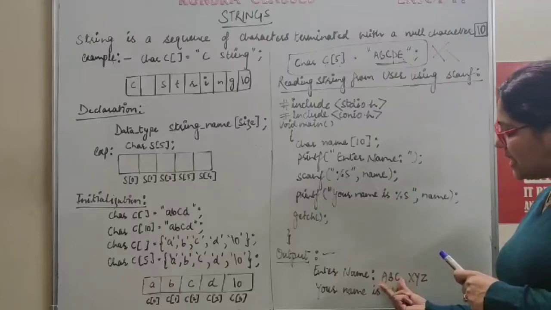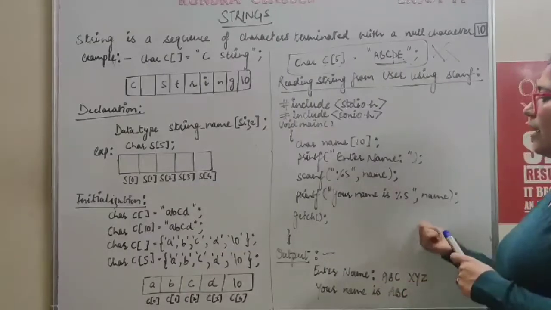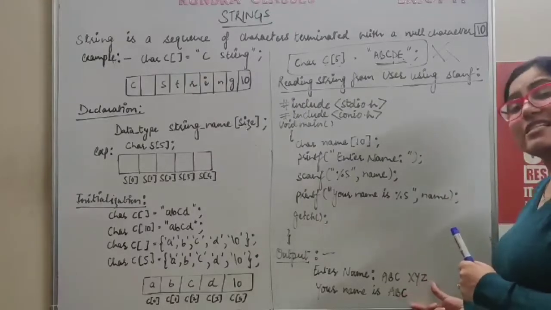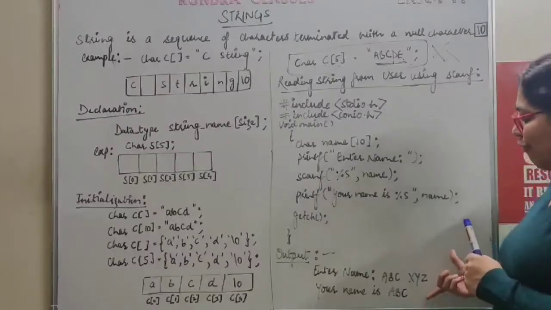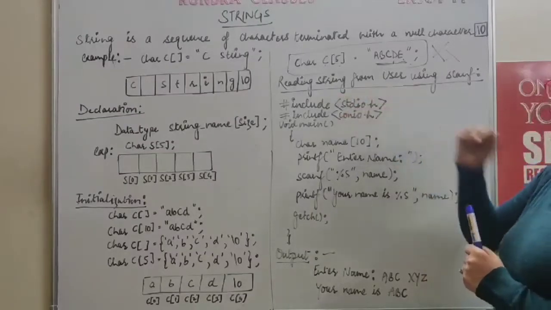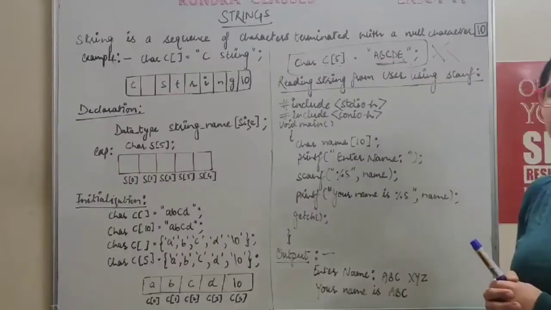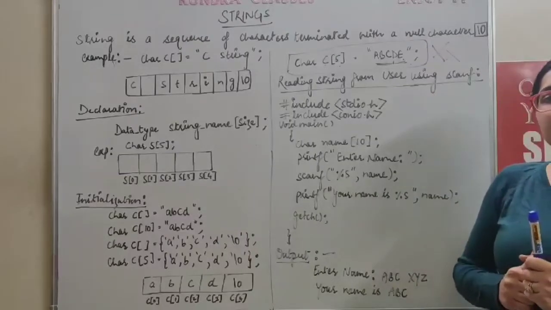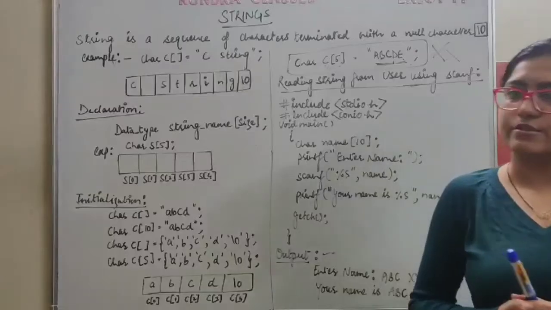So ABC will be printed here, XYZ will not be taken as input in the scanf statement. This is the biggest problem using scanf for getting strings from user. So there are some other functions which we can use for taking string input from user. I'm going to discuss those functions next.